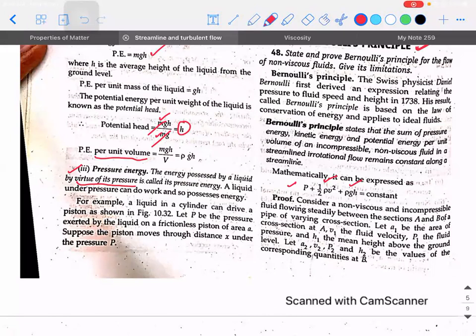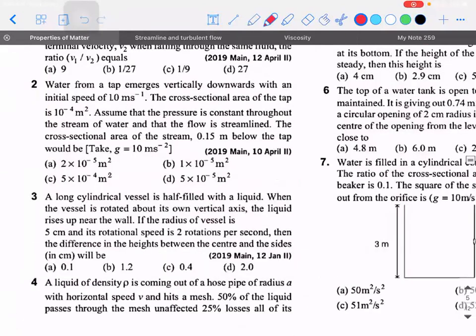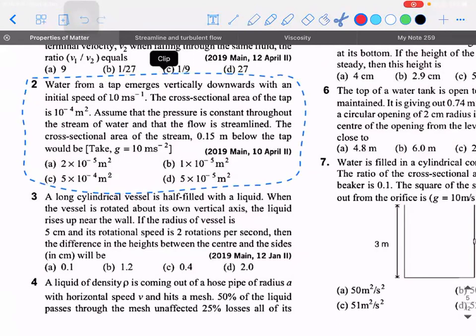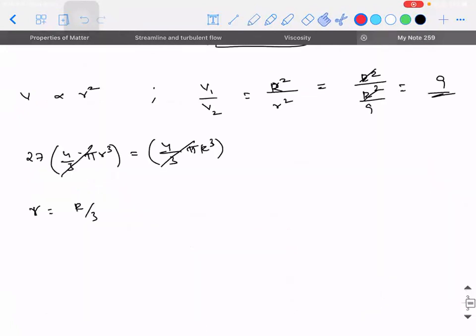Now we will solve a few problems which are based on that. Now listen. I think I have shared this paper with you guys, right?